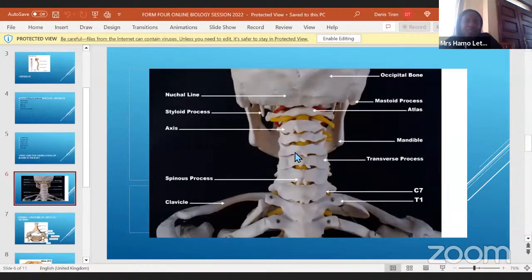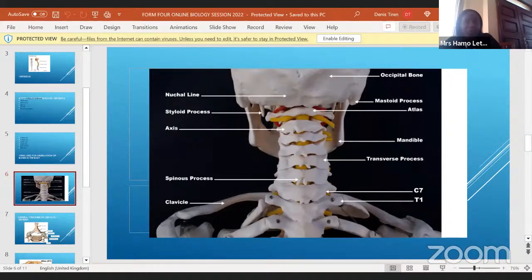You divided the vertebral column into several regions. Those located on the neck are referred to as the cervical region. Those on the thorax are referred to as the thoracic region. Then on the abdomen region, they are referred to as the lumbar.